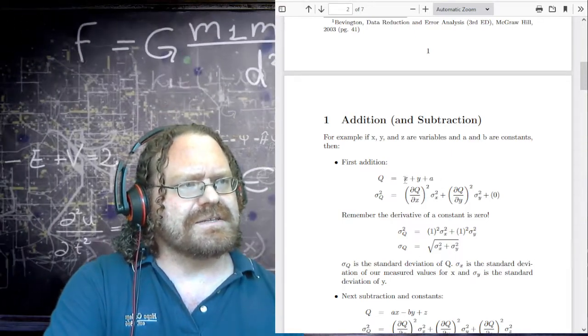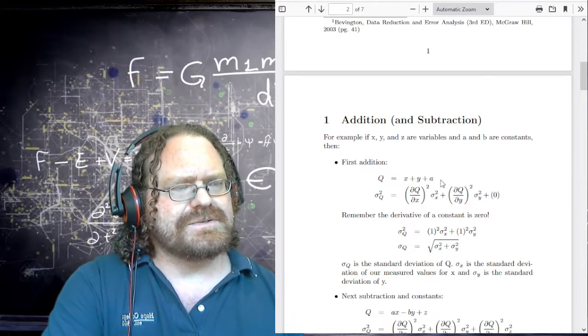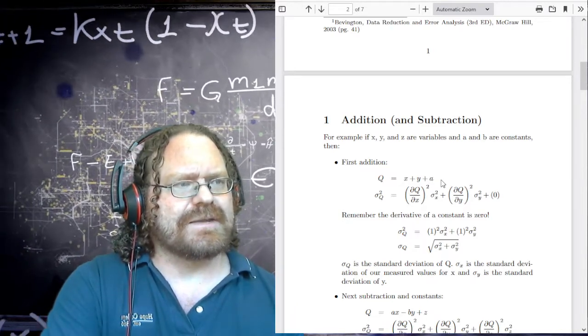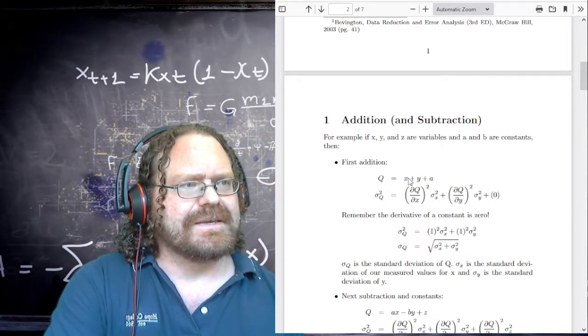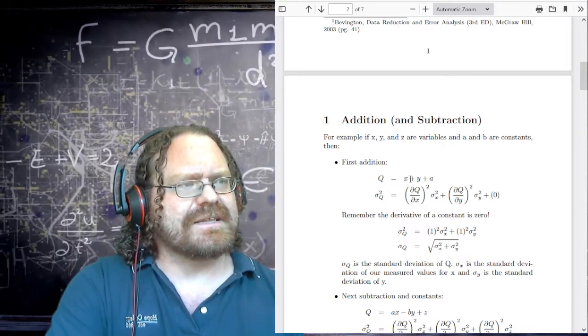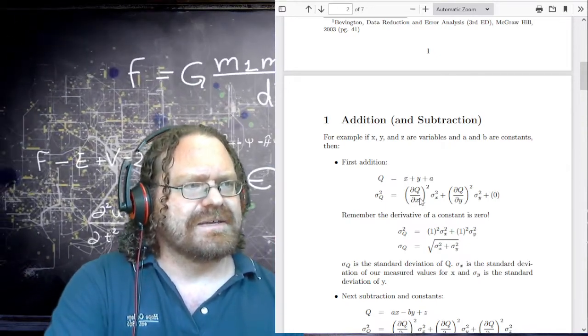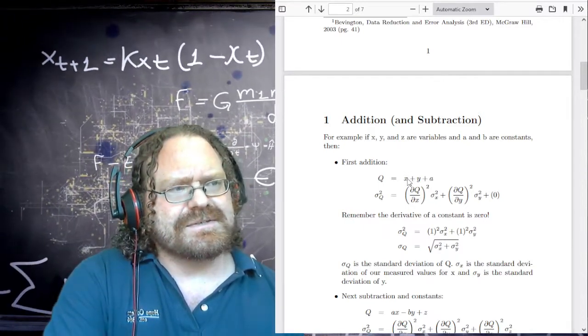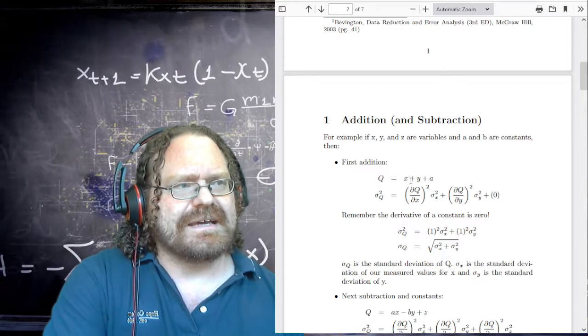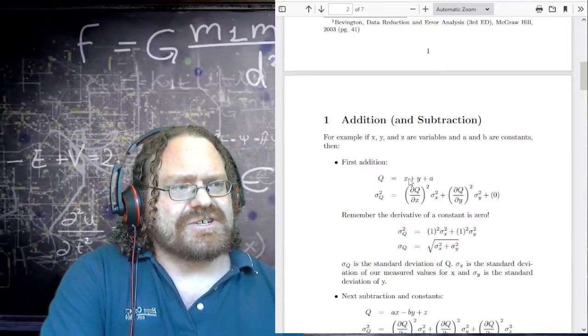Okay, so let's look at this expression up here. Q is equal to x plus y plus a, and we're going to assume that x is the variable this time, and everything else is a constant. Okay, that's the partial derivative. And so this first term right here, x, what's the derivative of x with respect to x? That's just simply a 1.